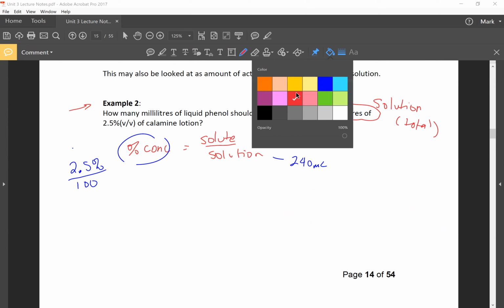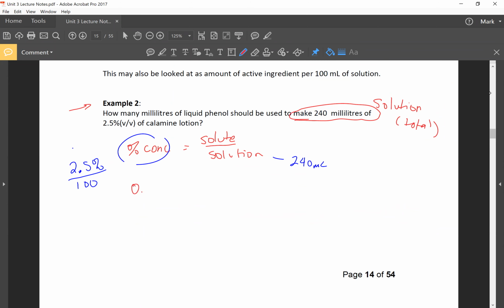So what this ends up being is 0.025 equals X, what I'm looking for, over 240 milliliters. Or you can just say 240. You don't need the milliliters there. So that means X will be 0.025 times 240, and we will get our answer.